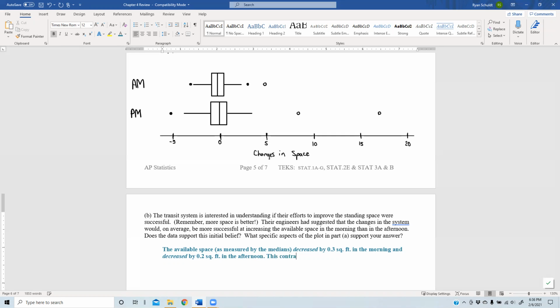This contradicts the initial belief of the engineers that the morning would show a bigger increase in available space than in the afternoon.